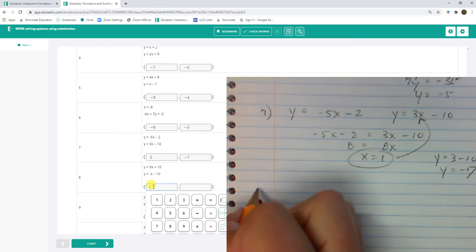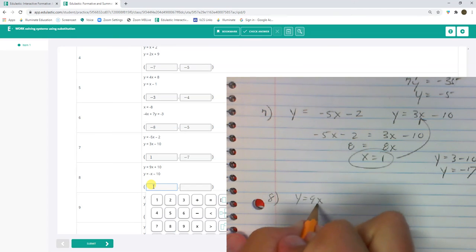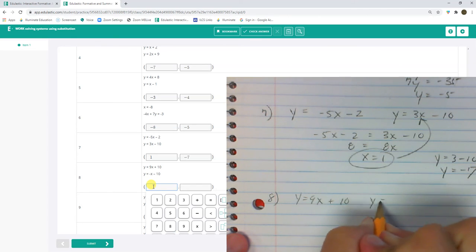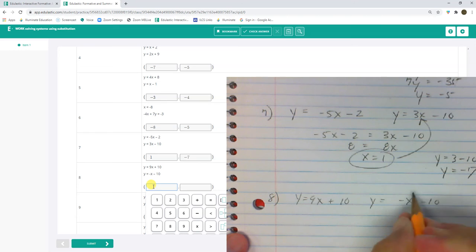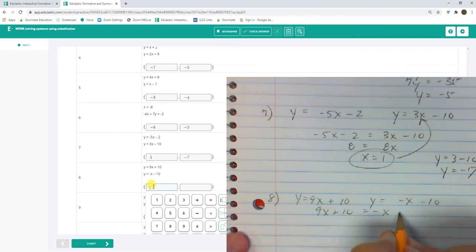Number 8. y equals 9x plus 10, y equals -x minus 10, set them equal. 9x plus 10 equals -x minus 10. Let's add x to both sides, that gives me 10x. Let's subtract 10 from both sides, that gives me -20.